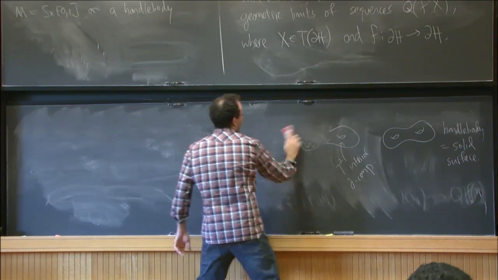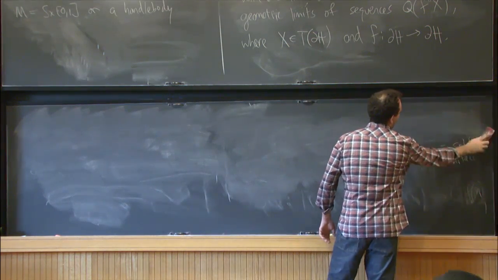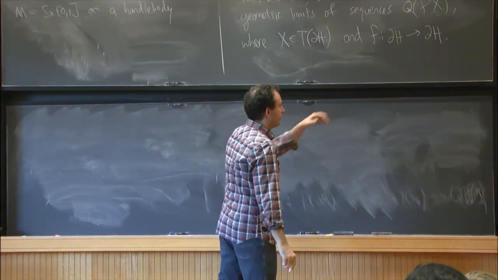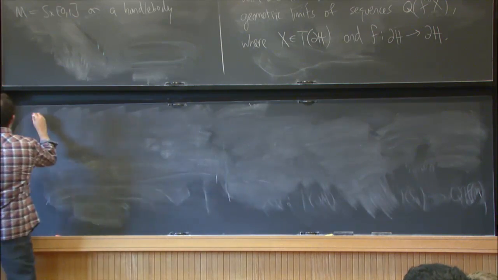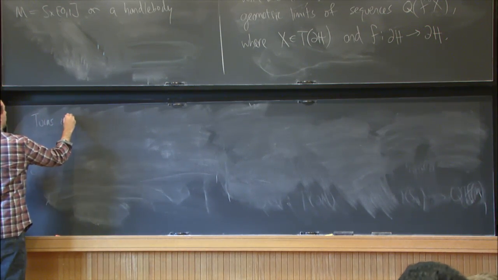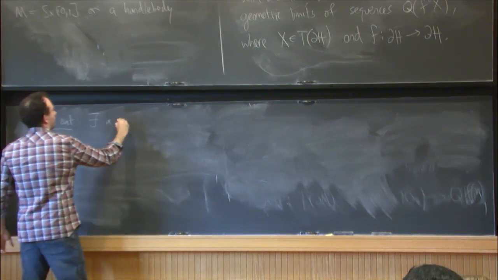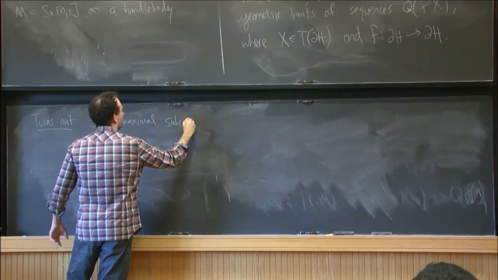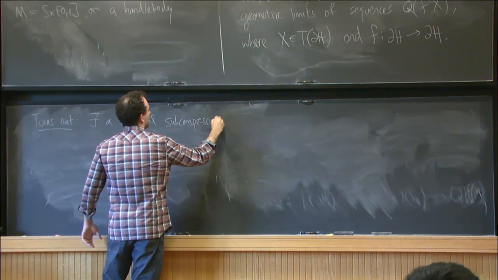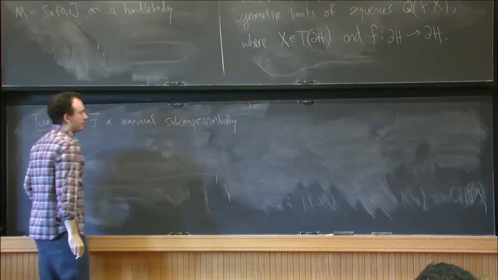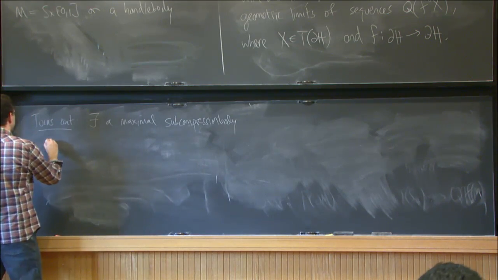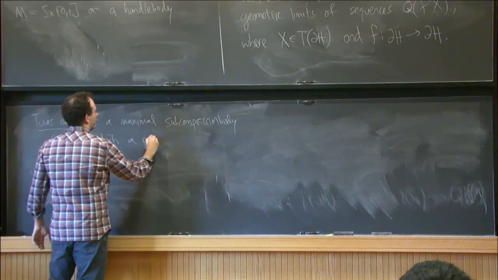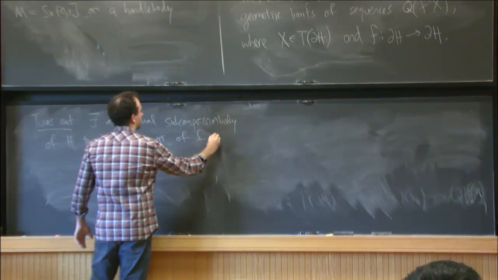Well, it turns out that, okay, maybe there are these extension issues, but there exists a maximal subcompression body. So it's a compression body that sits inside of H with the same exterior boundary, such that a power of f extends.